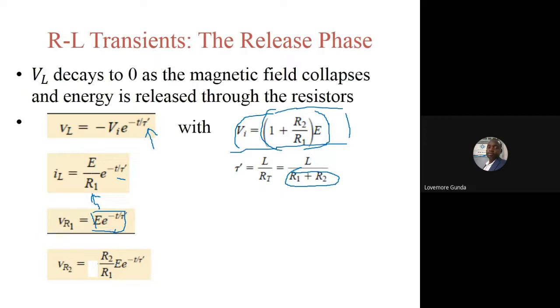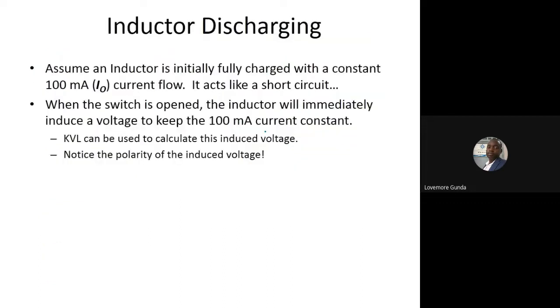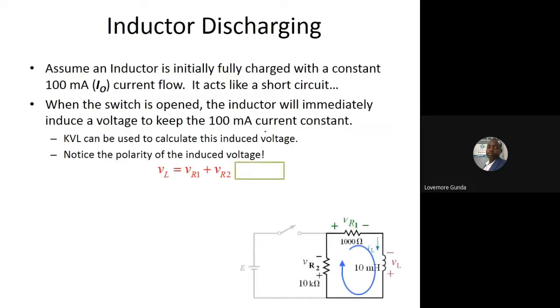That's why we have 1 plus R2 over R1 times the exponent, using the initial values here. Then, assuming the inductor is initially fully charged with a constant 100 milliamp current, it acts like a short circuit. When the switch is opened, the inductor will immediately induce a voltage to keep the 100 milliamp current constant. Kirchhoff's voltage law can be used to calculate this induced voltage. Notice the polarity of the induced voltage, right?